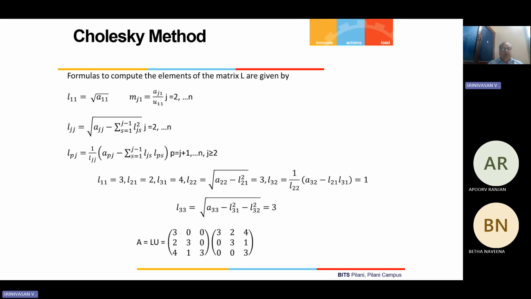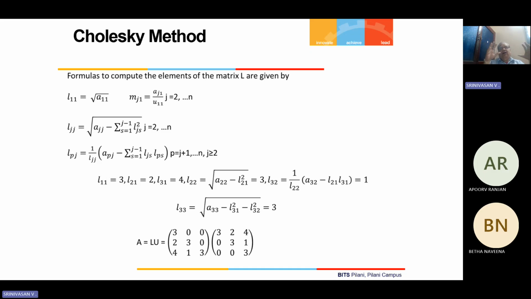So what's happening now? U11 is A11, right? L11 is its root. And LJ1, AJ1 by U11, is fixed. That is A11 is fixed. So J equal to N, etc. And LJJ is root of AJJ minus summation LJS square, where the second subscript S varies from 1 to J minus 1. And J starts from 2 to N. LPJ is 1 by LJJ into APJ minus summation LJS into LPS, P equal to J plus 1 to N, J greater than or equal to 2.